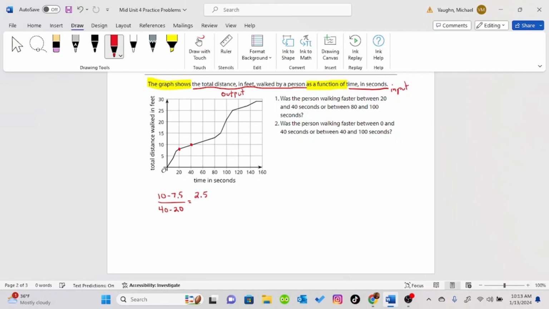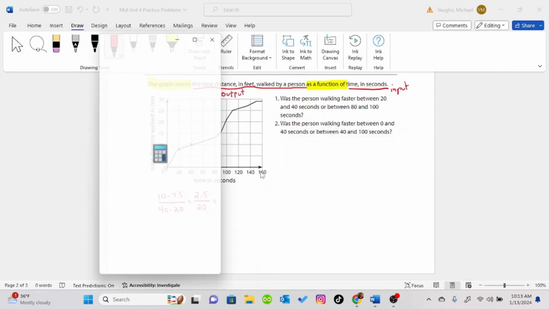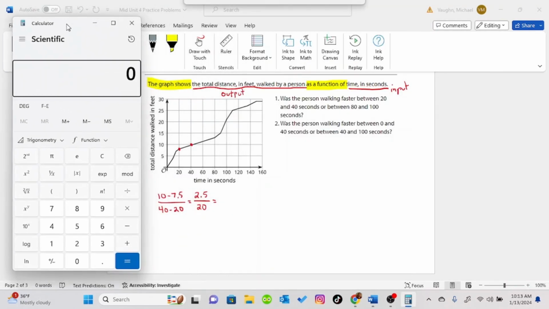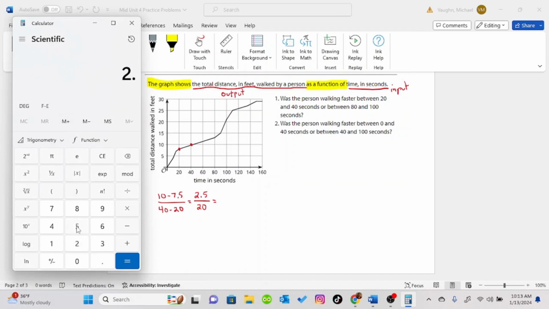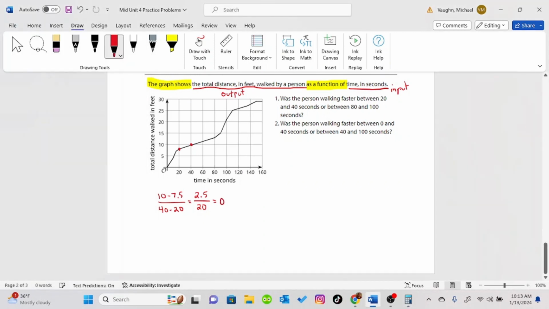That's 2.5 feet in 20 seconds. 2.5 divided by 20 is 0.125 feet per second.